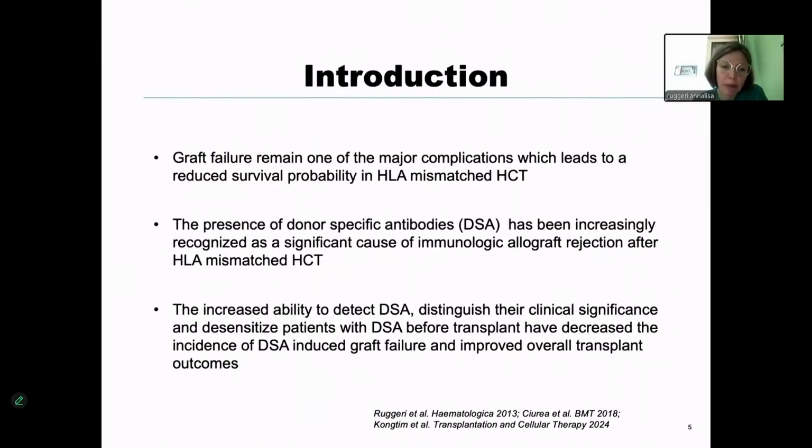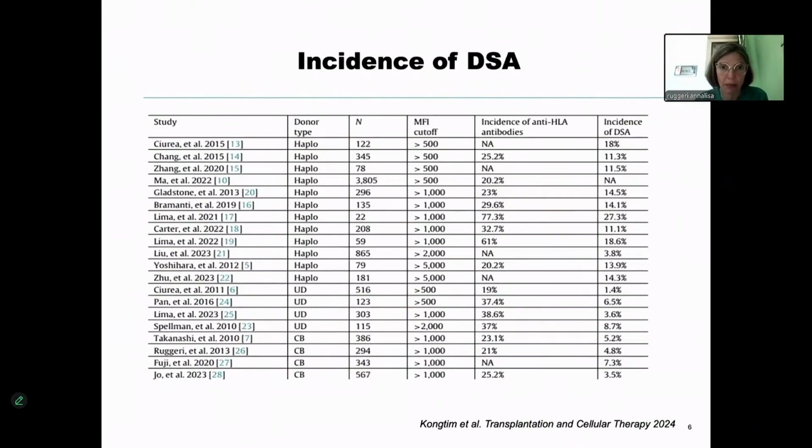The increased capability to detect DSA, to distinguish their clinical significance, and to perform a process of desensitization for patients with DSA when no other donors are available, allows us to reduce the incidence of DSA-induced graft failure and improve the overall transplant outcome.